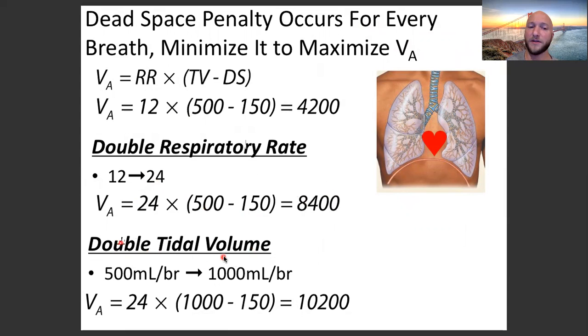If we double tidal volume, this should be 12 times the sum of 1,000 minus 150, which gives us 10,200. So it's actually better to increase tidal volume as opposed to respiratory rate when you're exercising. Now, increasing respiratory rate is going to help, but that's why when we work out, when we run, we tend to take deeper breaths, more so than faster increasing our breath rate.